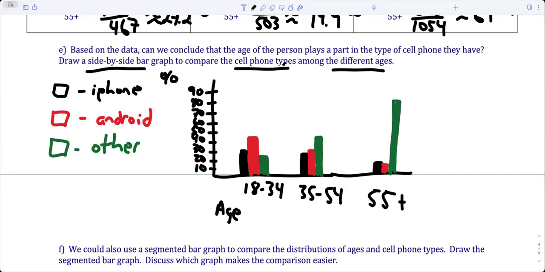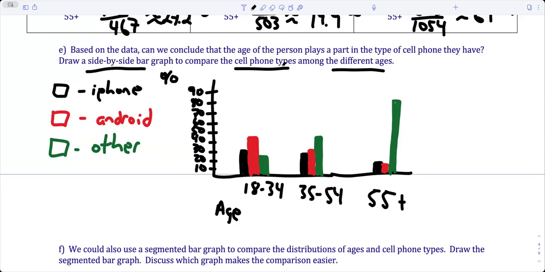Take a look at that for a second. What do you notice? My question is, what's the advantage of having a graph? It's easier to pick out which ones are more or less.